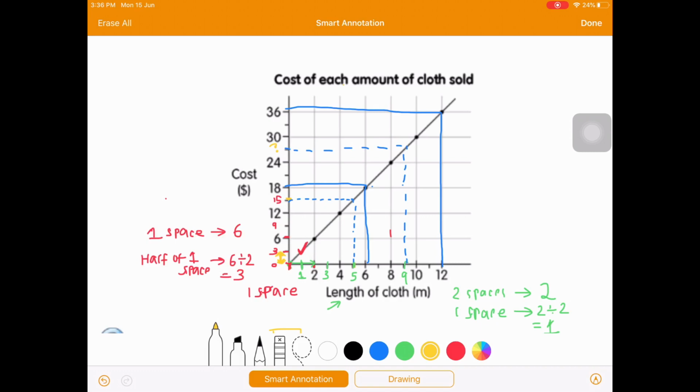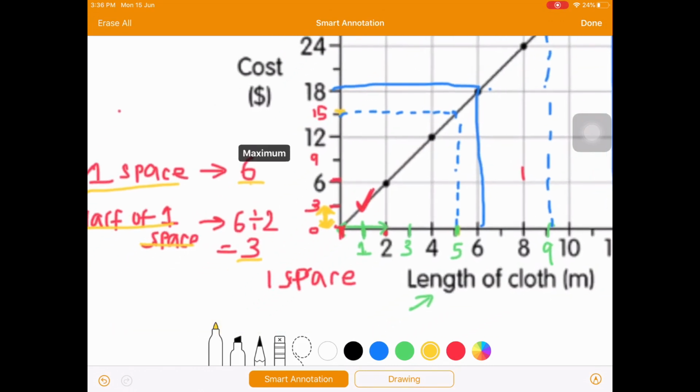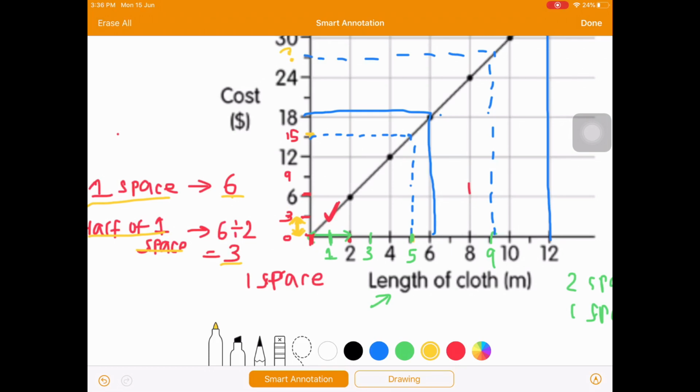To find the question mark, we know that 1 space is 6 and half of the space is 3. So half of the space is here. This yellow arrow is half of the space. So half of the space is an increase in value of 3.